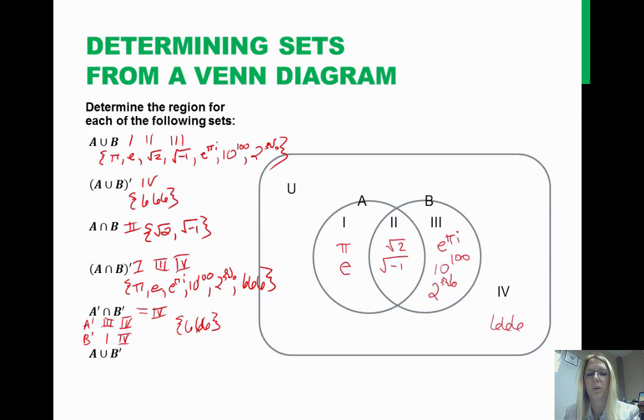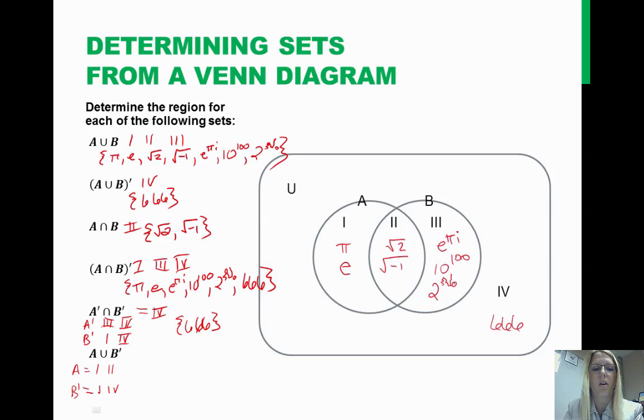And the last one, we want to look at the union of A and what is not in B. Well, we know this is all of A, regions 1 and 2. And what is not in B is in regions 1 and 4.